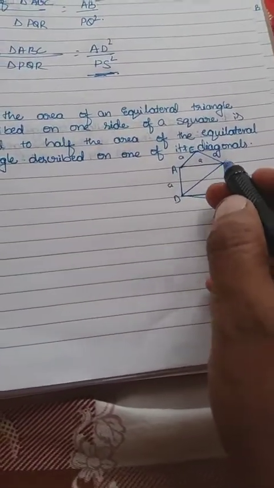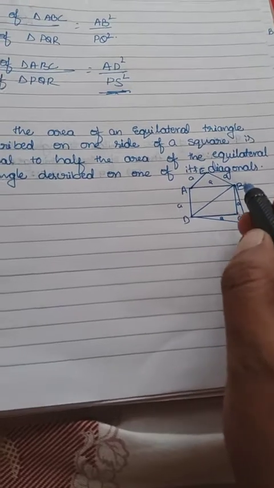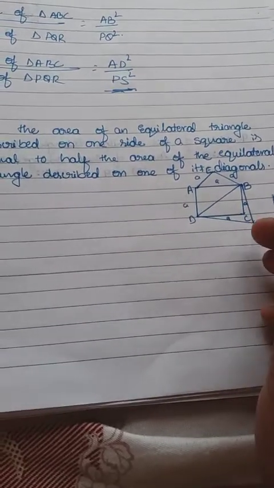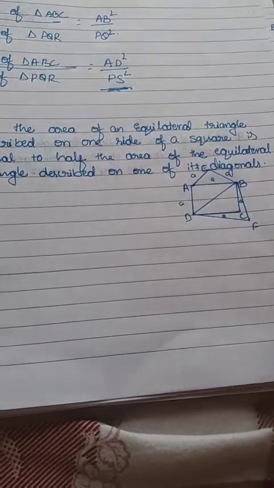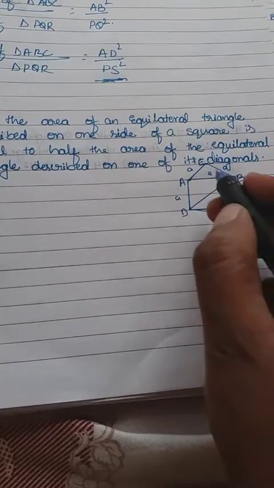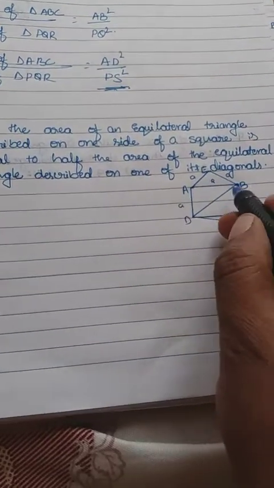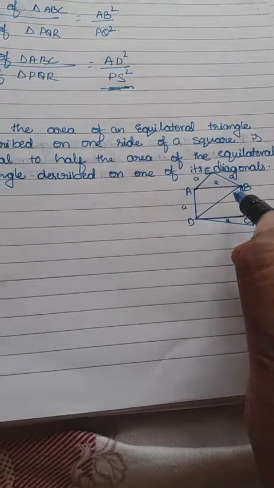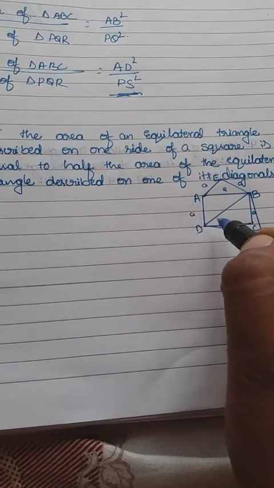Here I am writing the rough diagram for this. This is ABCD. Consider ABCD is a square, with each side A. This is a square, and BD is the diagonal.